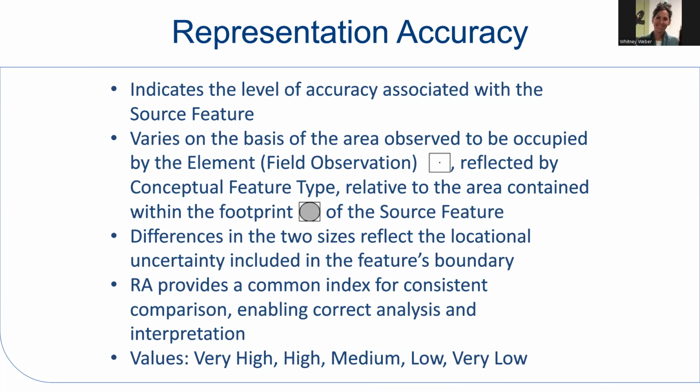We compared the difference of the two sizes to reflect the locational uncertainty, and we use the representation accuracy to provide a common index for consistent comparison. And that enables correct analysis and interpretation. So there are values of very high, high, medium, low, and very low.